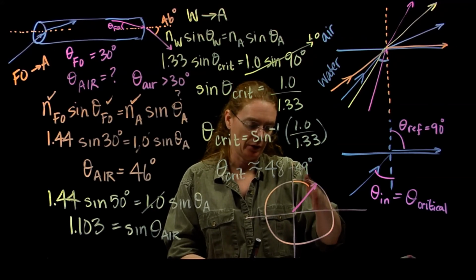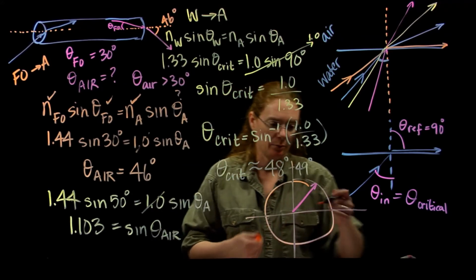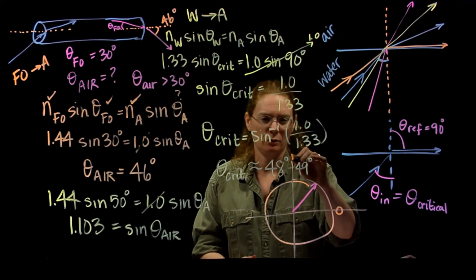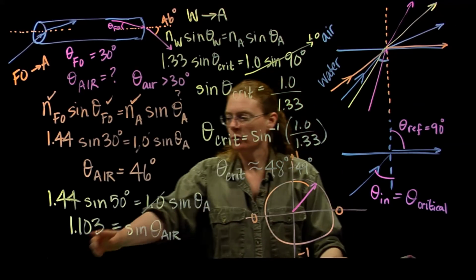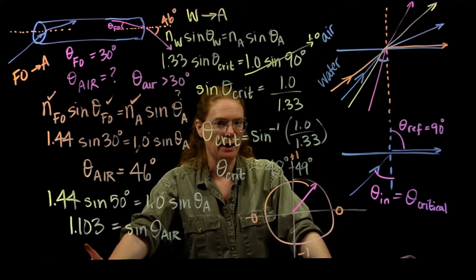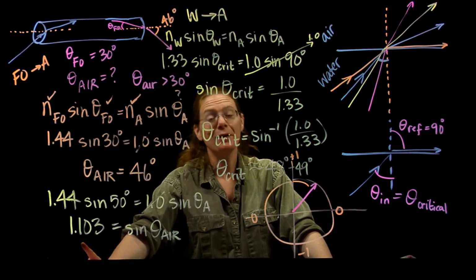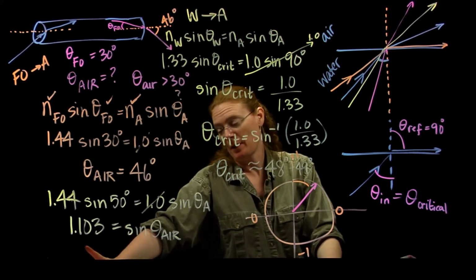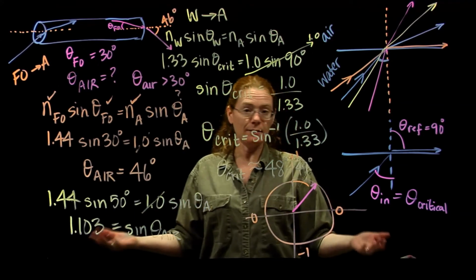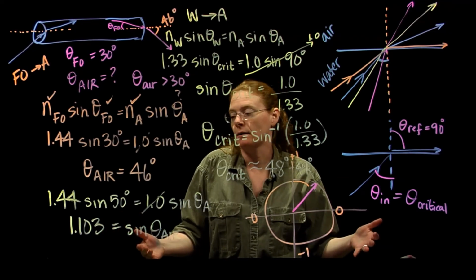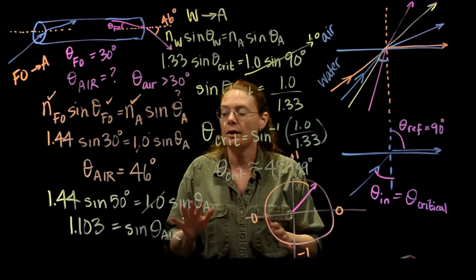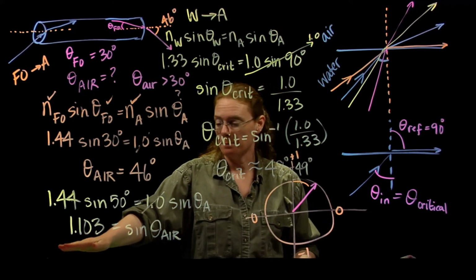It ranges from 0 to +1, to 0, to -1. So if we try to take the inverse sine of that, your calculator is going to be very unhappy. It will give you an error message because it's undefined. There is no angle where the sine would be bigger than 1.